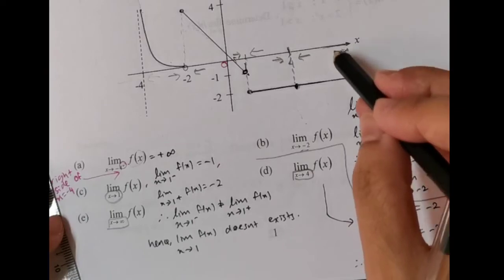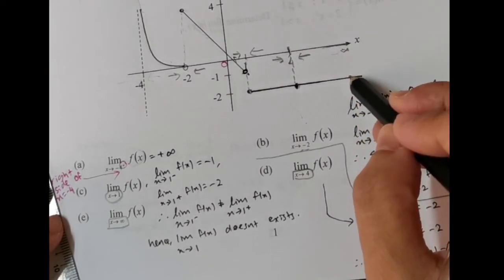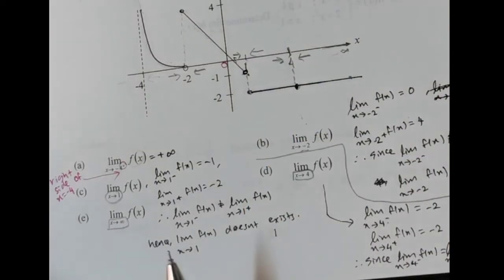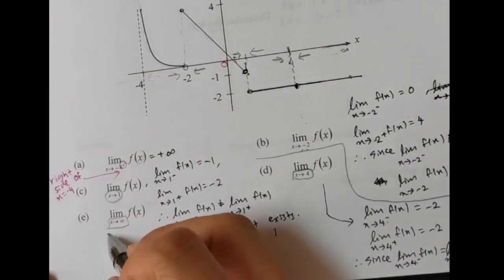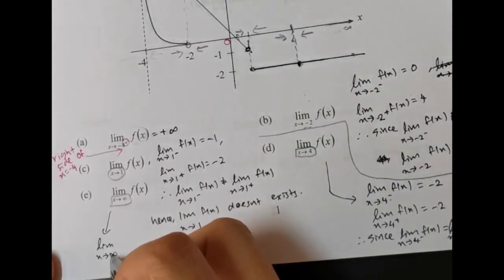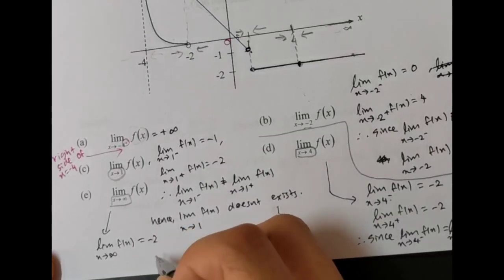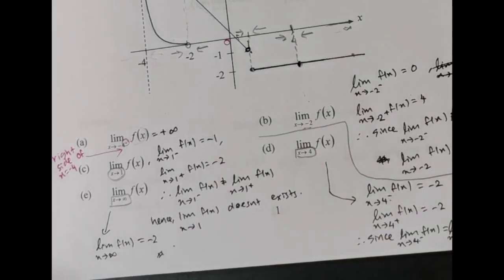So that means from the left hand side of positive infinity and also from the right hand side of positive infinity, the value is still -2. So we can write here simply the limit as x approaches positive infinity is equal to -2. Okay, thank you.